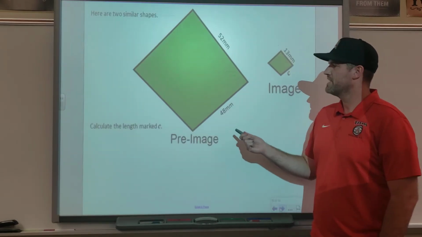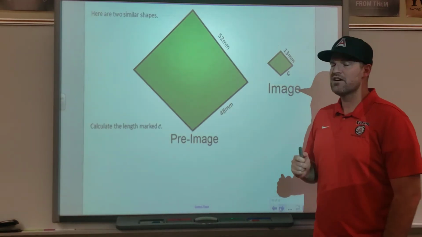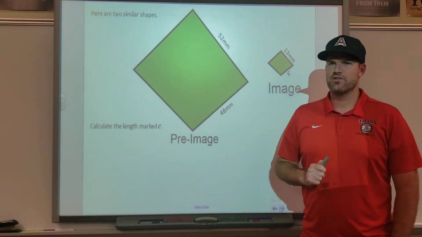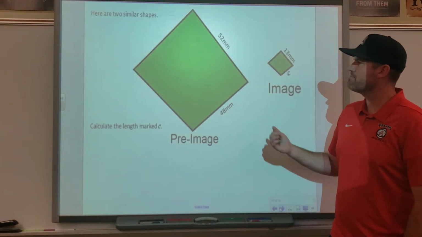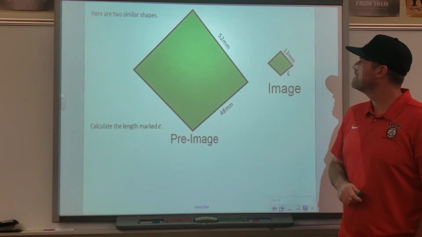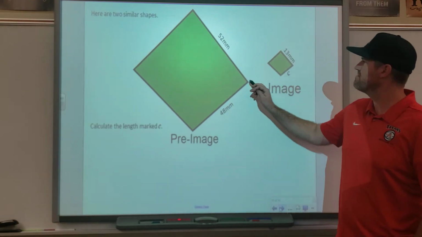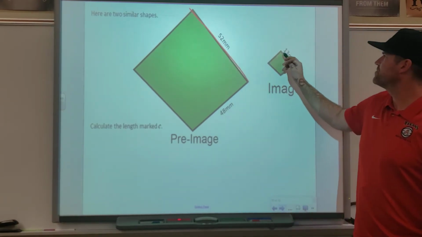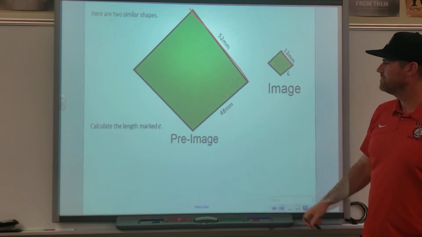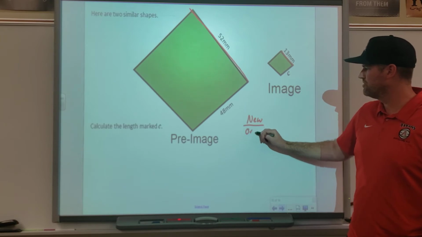Now this one I have to be careful, because I know that it should be getting smaller. So my scale factor needs to be less than 1. And it doesn't matter what shape it is, right? Whether it's triangles, or in this case we have a quadrilateral, I do need to find two corresponding sides. So I'm pretty sure that these two sides go together. I'm going to do new length divided by original.